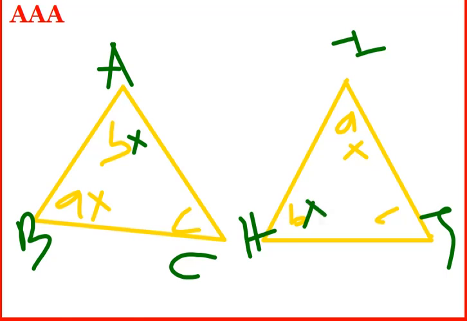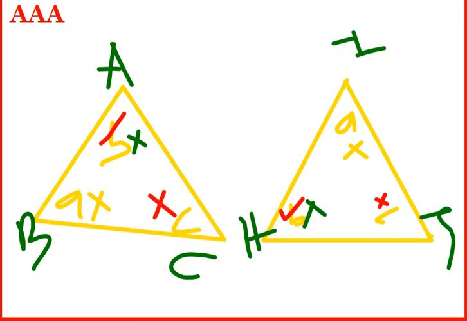And angle C is equal to angle J. So let's do that. And we can see that all the angles are equal. So there's an equal angle for each triangle, meaning if we're looking at this B, there's an equal angle for B, which is that B on the other triangle. So that means it's angle. And if all three corresponding angles of two triangles are equal, then the triangles are similar.